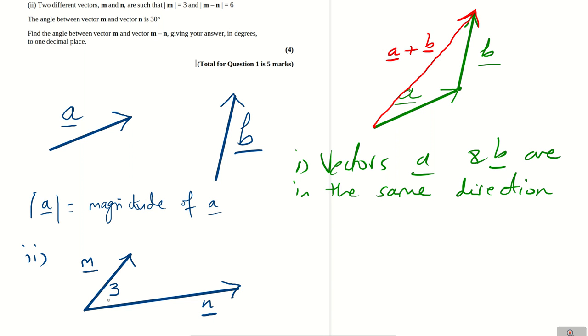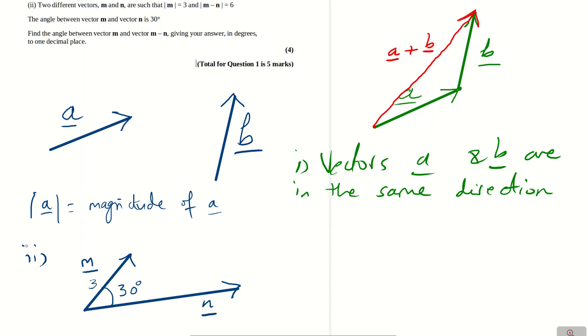To make it a bit clearer, let me rub out the 3 there, and I'll write it in here. So then I can write the angle between them is 30. It also tells us the magnitude of the vector m minus n is 6. Now what is the vector m minus n?